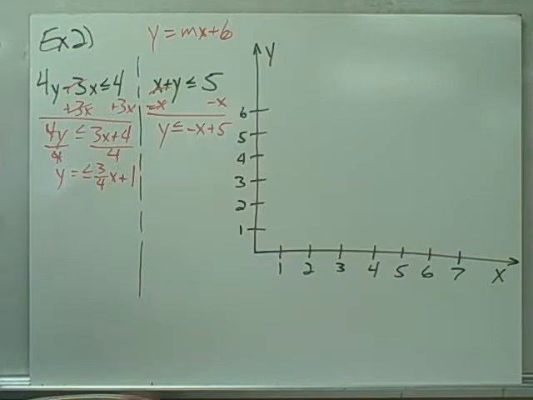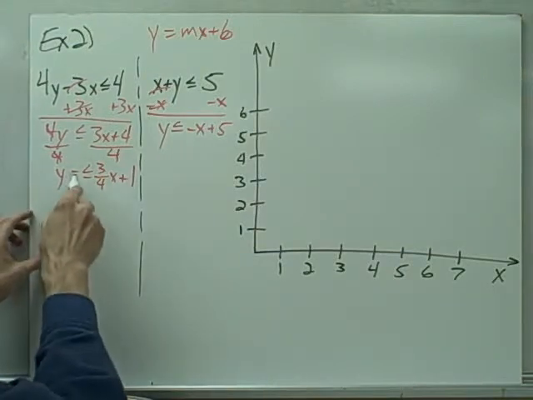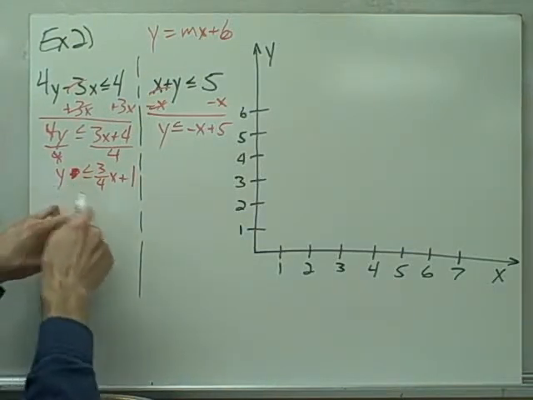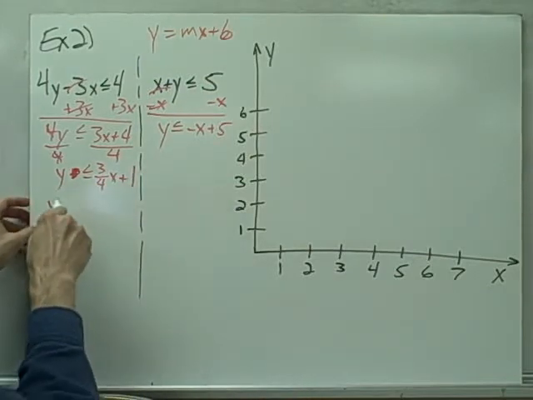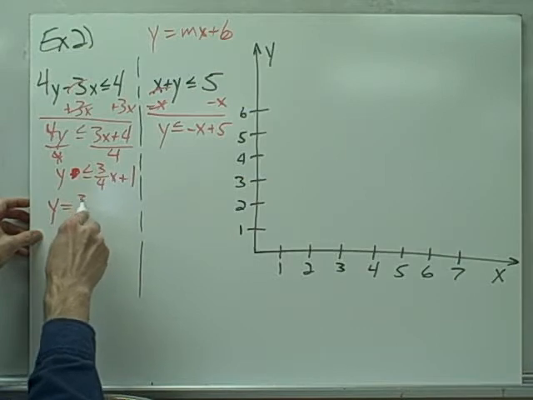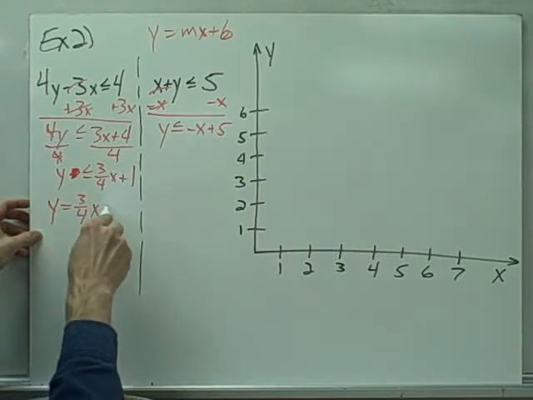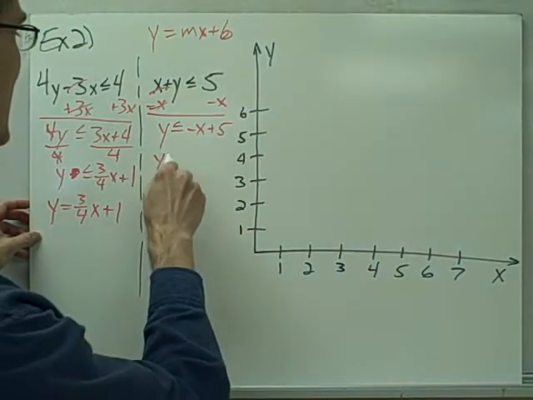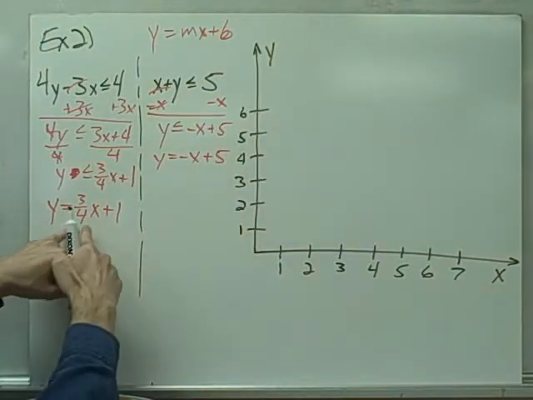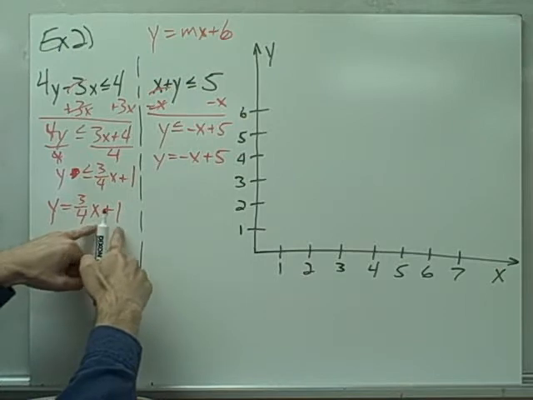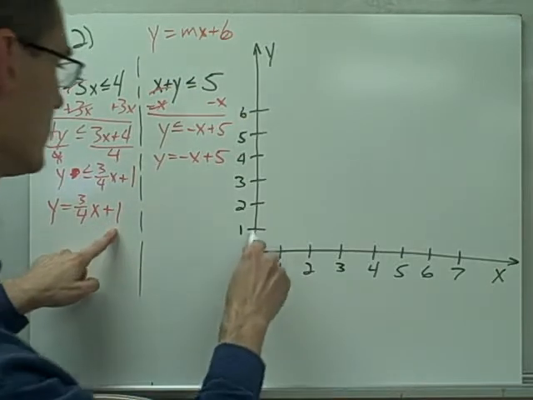Let me graph my y-intercept. Actually, let me rewrite these as lines because I want to graph the line y equals 3/4 x plus 1. I want to graph the line y equals negative x plus 5. Okay, so for this one, my y-intercept is going to be positive 1.